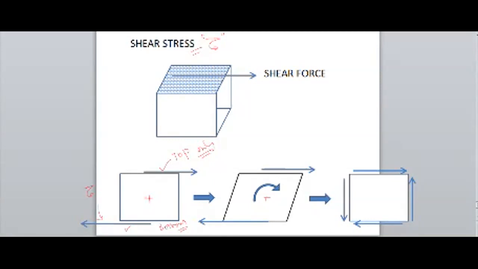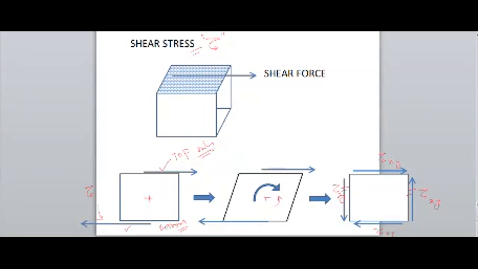Therefore, a same magnitude in opposite direction will be created such that it arrests the rotational tendency of the body.